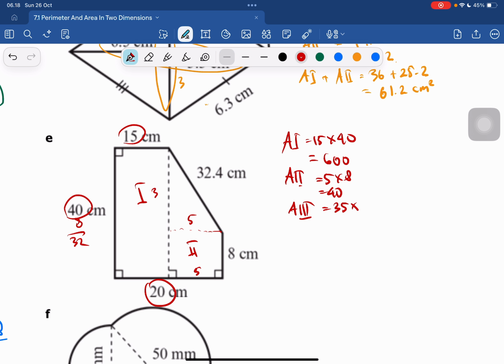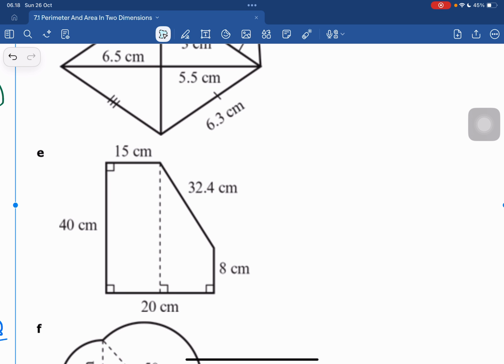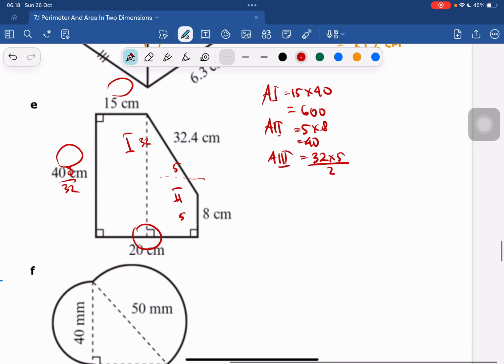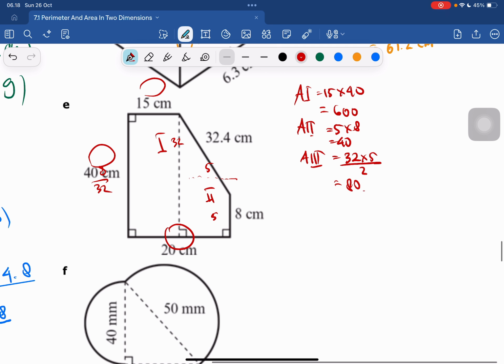So this is 32 times 5, and then we divide it by 2. So this will be 80. So our addition, 600 plus 40 plus 80. So the total area is gonna be 720 centimeter square.